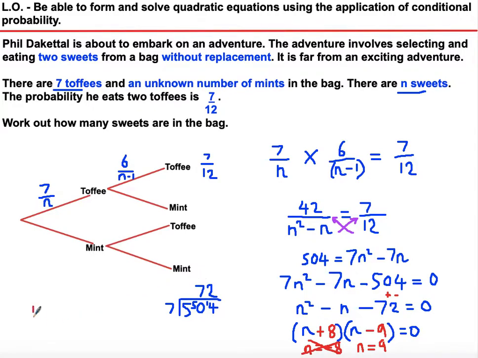And if you think about it, 7 over 9 multiplied by 6 over 8 becomes 42 over 72, and that simplifies to 7 over 12. So that's how you solve this problem. That's how Phil the Kettle knows how many sweets are in the bag, and that's how you gain a load of marks on your IGCSE paper. Hasta la pizza, arrivederci, so long, goodbye, thank you, and see you next time.